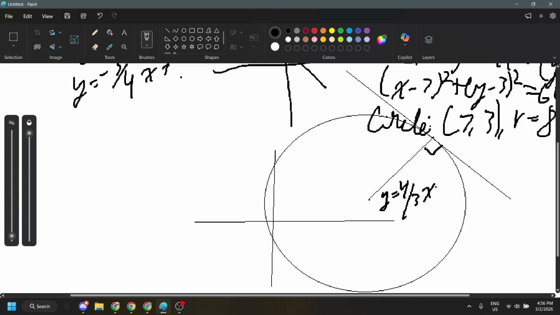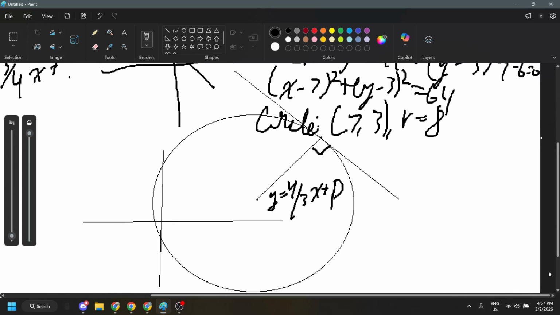4/3 x plus p, just using a random thing. We know a point on the line, which is the center, so we could say y is equal to 4/3 (x minus 7) plus 3.